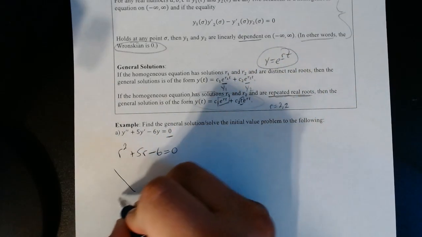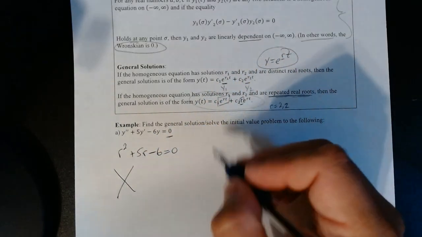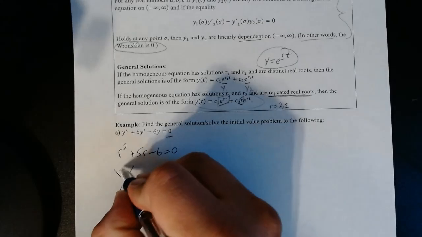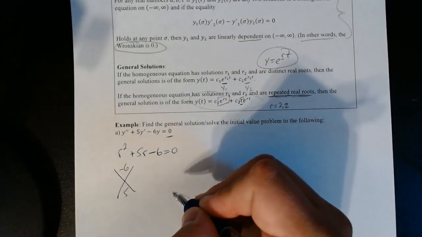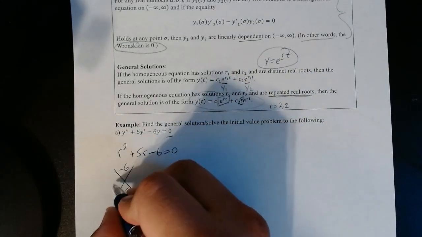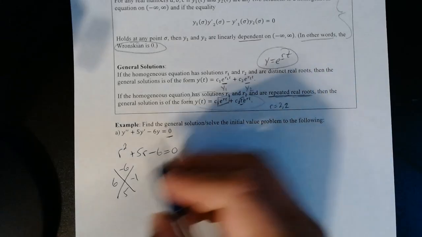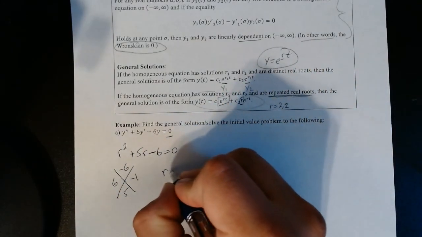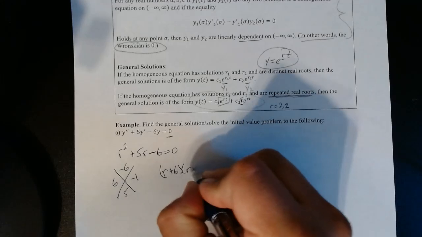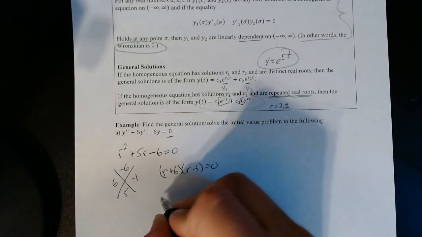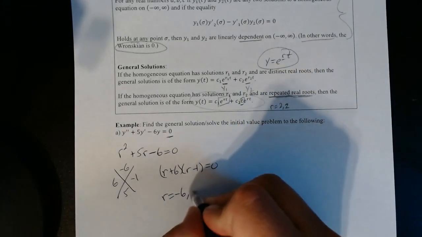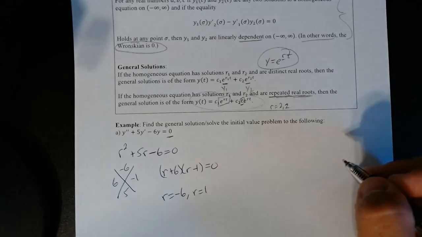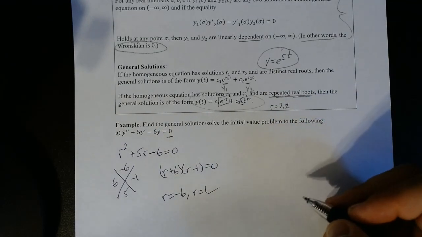So this nicely factors into, using the AC method, whatever you are comfortable doing, or guess and check method, doesn't matter to me. Looks like that works. So we get r plus 6 and r minus 1 equals 0. So we get r equals negative 6 and r equals positive 1 as my answers. Okay.